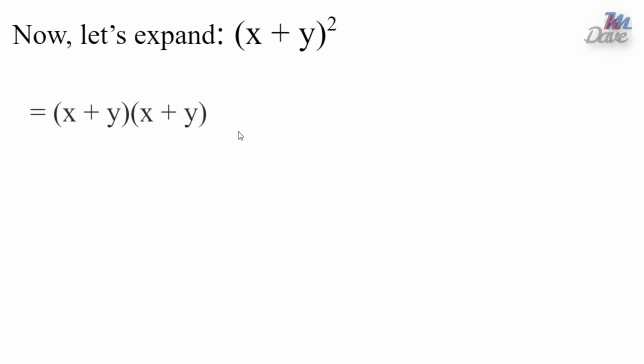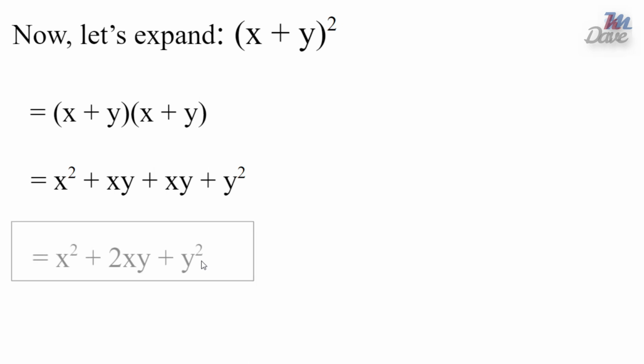We can do this by using the FOIL method. Expand the terms, multiply the terms, and add them all. And we can get an answer which is x squared plus 2xy plus y squared. I know we all know how to do this, and we learned it during our junior high school.